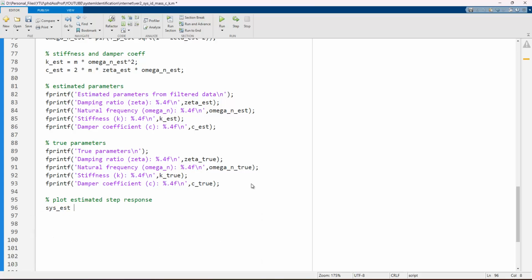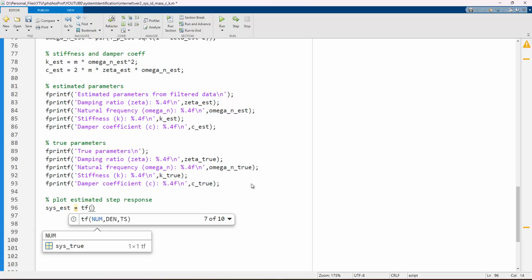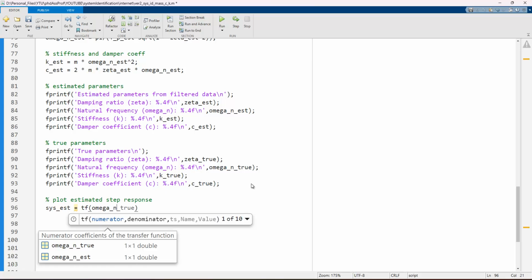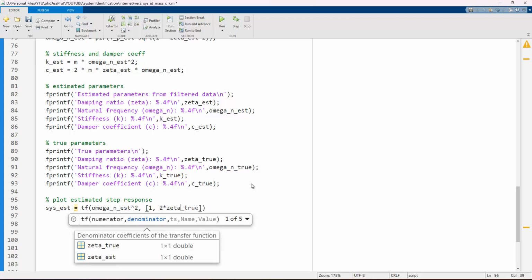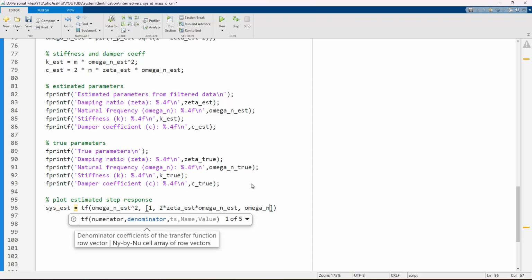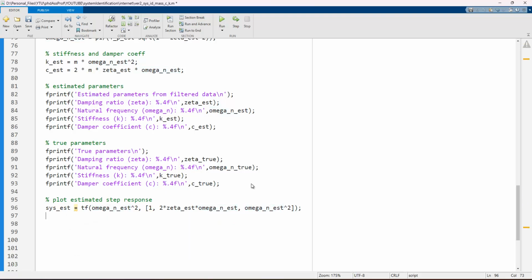Cis est is equal to the TF of omega n est squared over s squared plus 2 zeta est times omega n est times s plus omega n est squared. Okay, and so y estimation is obtained here, and we don't need to define the t values because we have them already, for a given t.